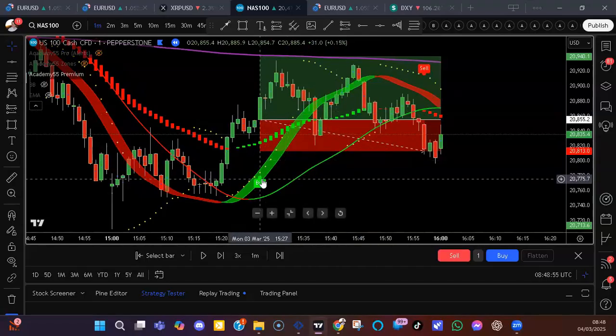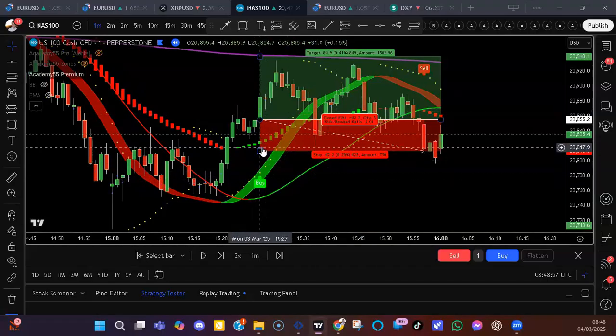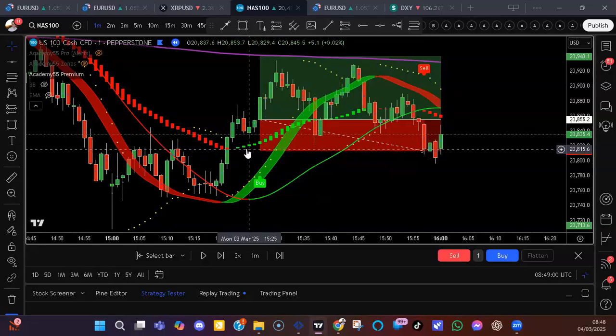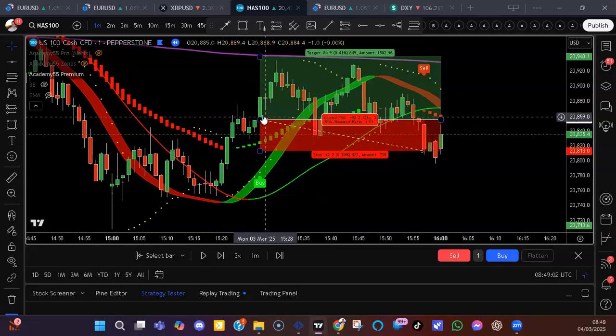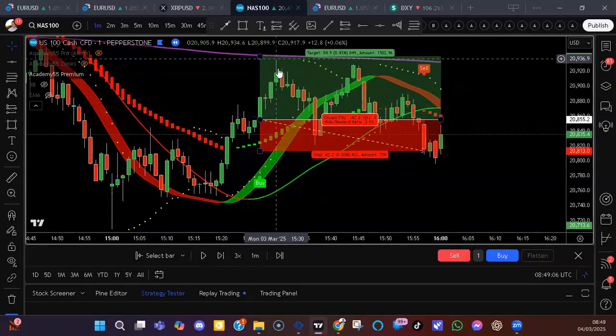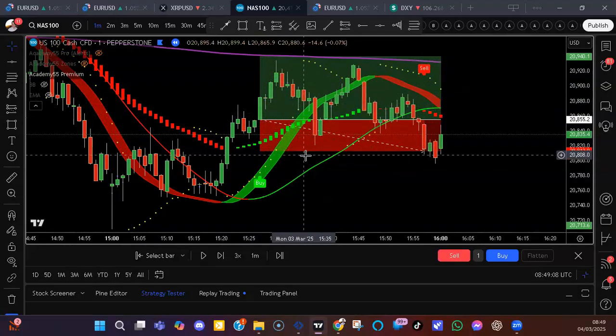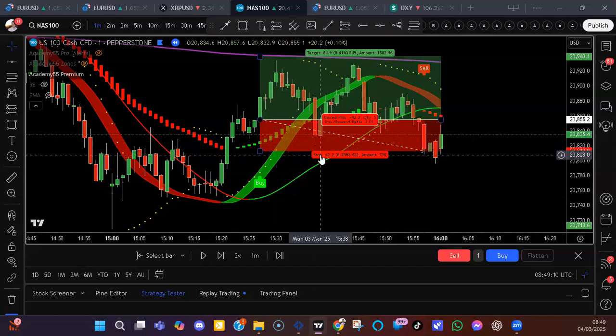Because you couldn't get in till the alert came up, so stop loss would be there. So you couldn't get into there until then. And that was 4,200 units, which is good at 4.2 pips.